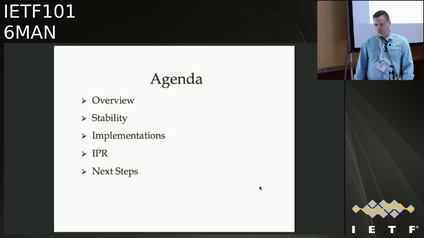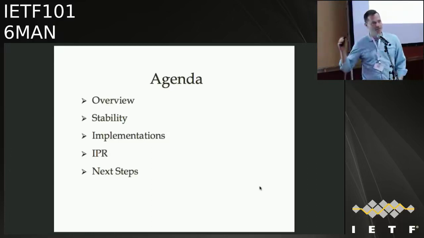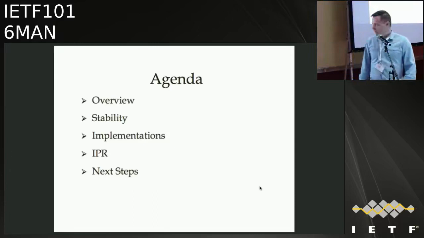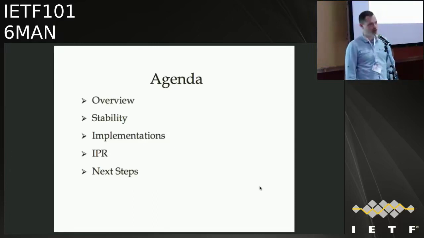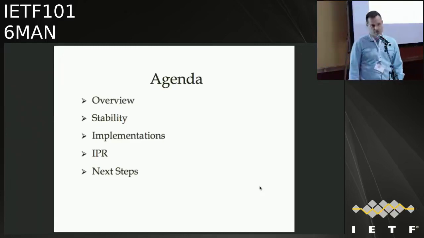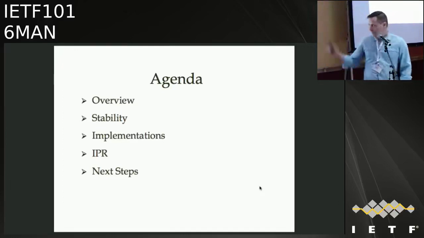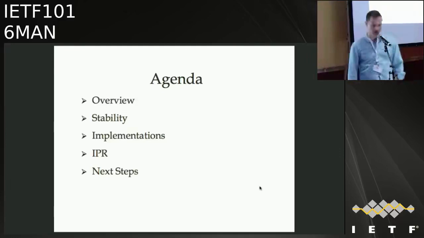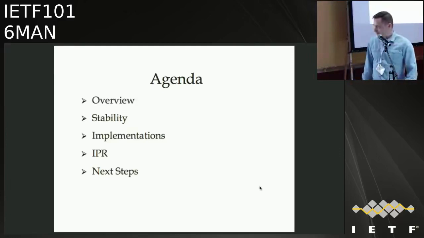We'll be giving a quick overview of some of the highlight content of the draft, although it's been around for a while, so I expect most folks here have read it, or those who are interested have read it. We'll go through stability of the draft, what's happened over the past year, some implementations that are documented, IPR content that the chair asked to make sure was in there, and go into next steps.